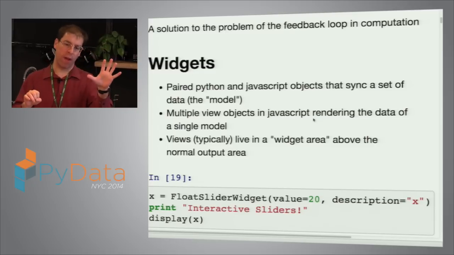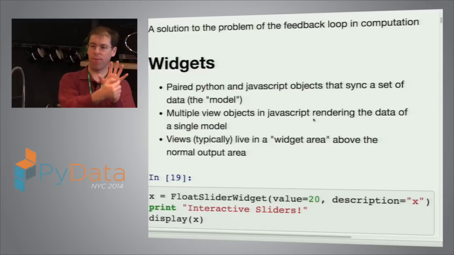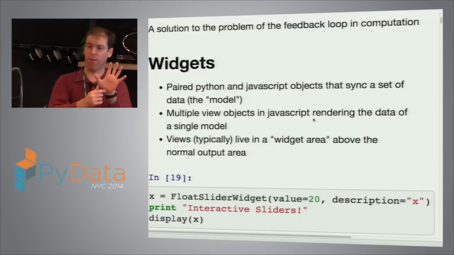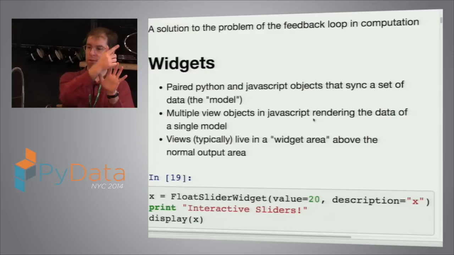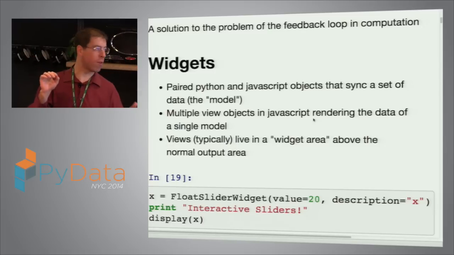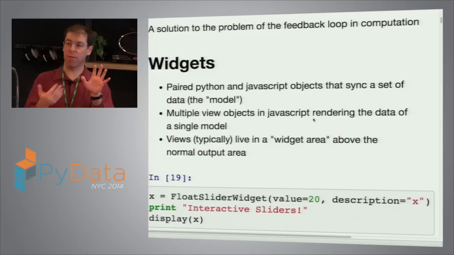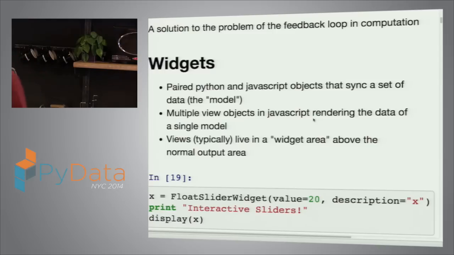On the JavaScript side, we have this data, and then we can render views of it in different ways. So we can have multiple views of a JavaScript model in different cells or different ways of representing it. And so we have a single model, multiple views on the JavaScript side. And the views typically are the things that we see, and they live in a special area above the IPython outputs.